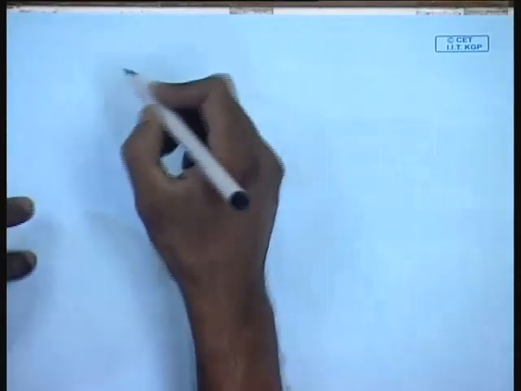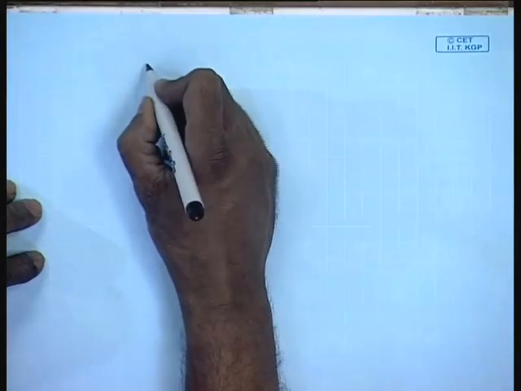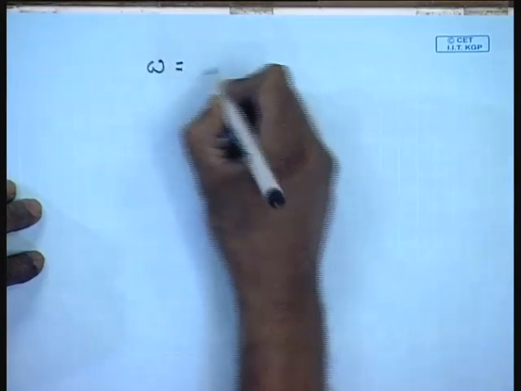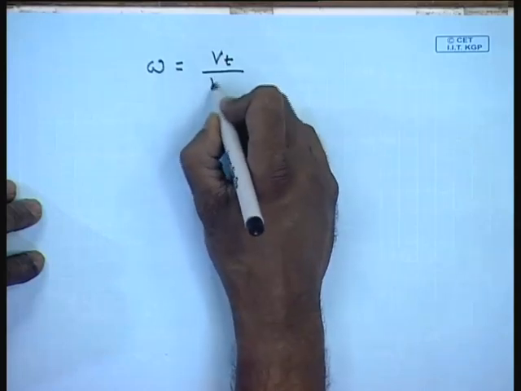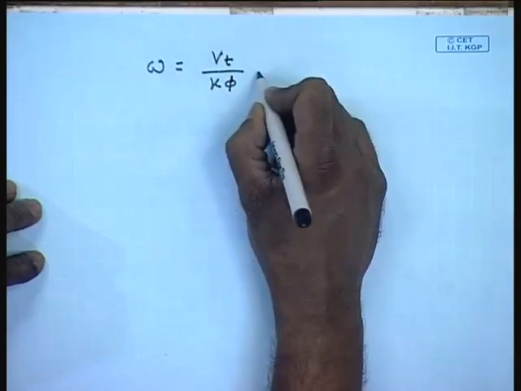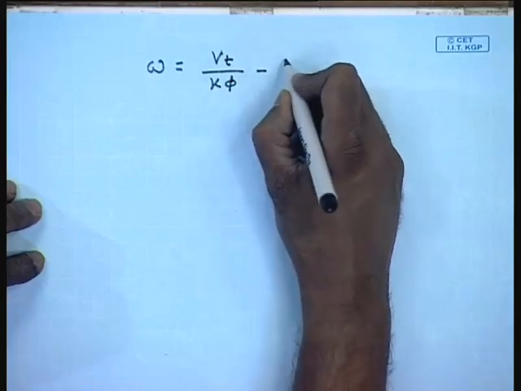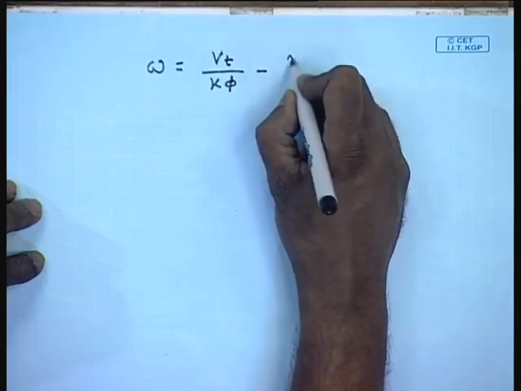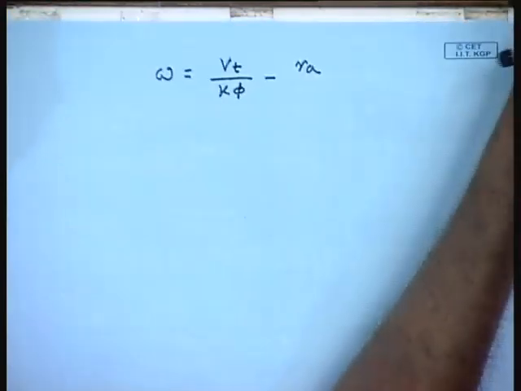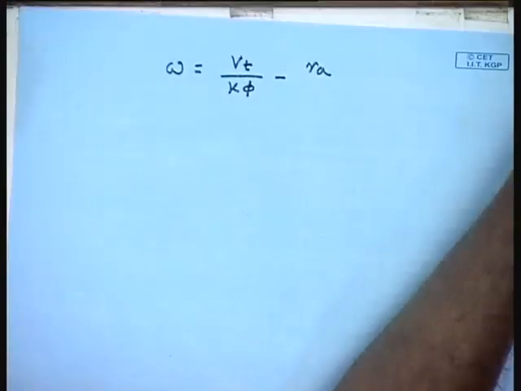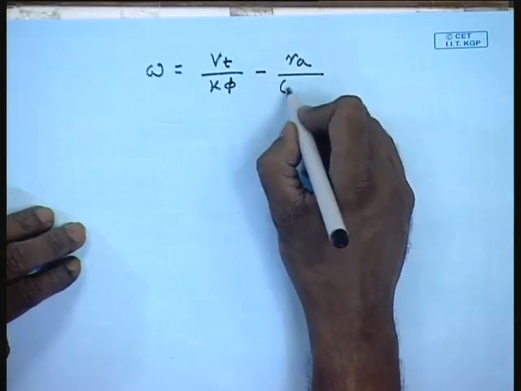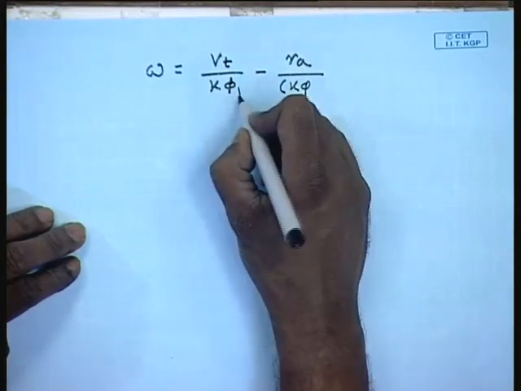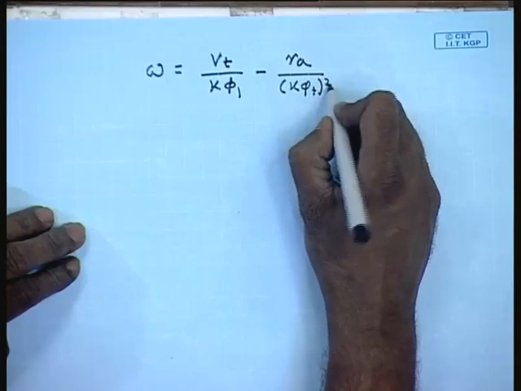The expression for the torque speed characteristics is speed equal to Vt by k phi minus Ra by k phi square Te.